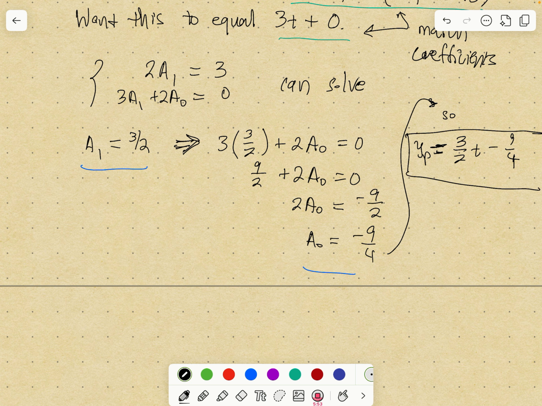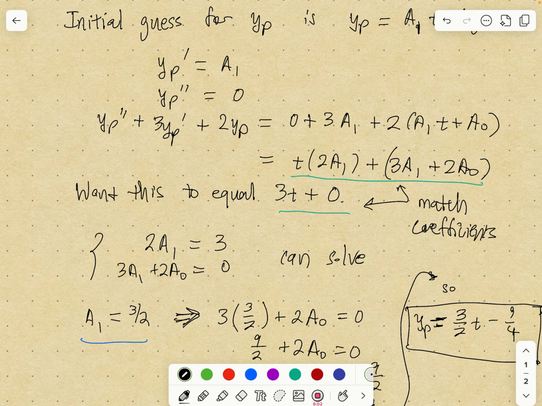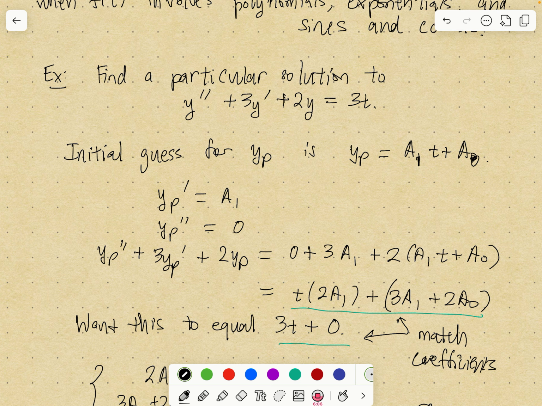This is a possible solution to the differential equation. In fact, you can check that if you substitute your yp into the differential equation, you end up getting 3t, right? If you substitute into the left, you get 3t. So this is a solution to the differential equation. Okay?